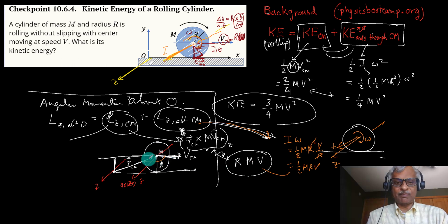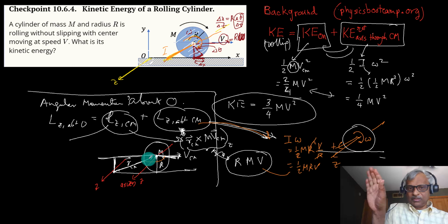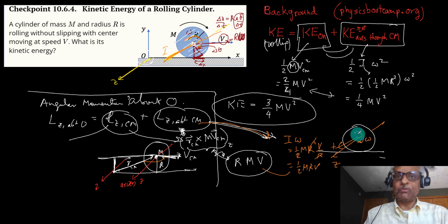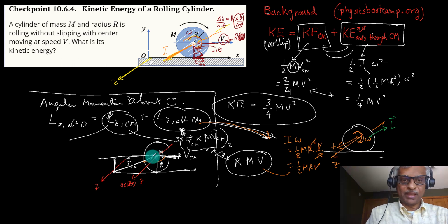Now both are in the same direction. Going by the right-handed rule, omega is going this way, so both of these are in the same direction. L for this is pointed that way, and for this direction L is pointed that way.